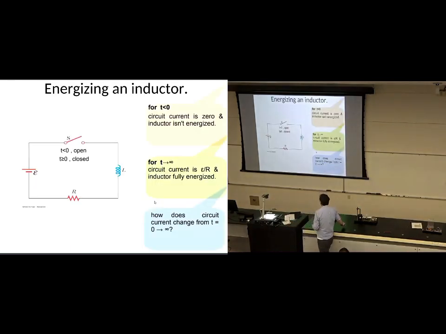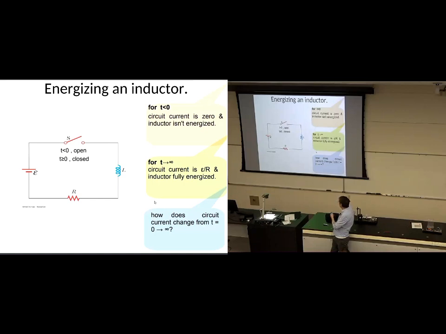This is a sketch of energizing an inductor. This is how you might energize an inductor. It's basically a sketch of the circuit that we demonstrated over here, where, in this case, the lamp is the resistor in this circuit. Anyway, I've got a battery, I've got a familiar resistor, and I've got this new inductor.